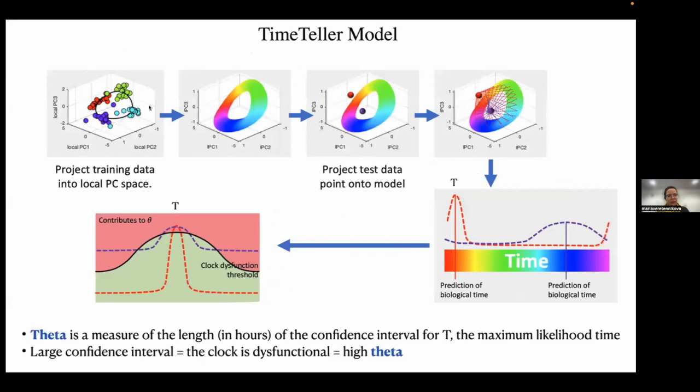Once you've projected your data into local principal component spaces, you build the model. You do that for every single local PC space. You build the model, which basically means you find the mean, the standard deviation, the variance, and you say, why don't we model this as a Gaussian distribution?